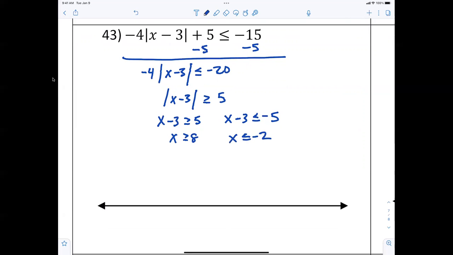Now, hopefully I put a number line there for you, just in case. But hopefully you're looking at it saying, if I'm less than negative 2, greater than or equal to 8, that means I'm heading in opposite directions. So then you're going from negative infinity to negative 2, bracket, union, bracket, 8 to infinity.